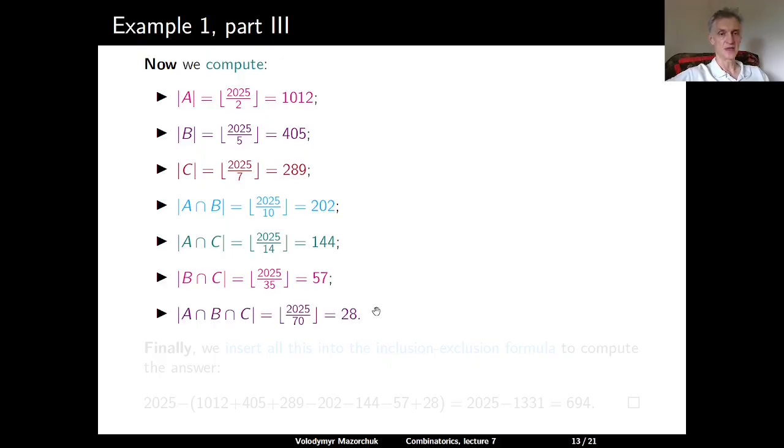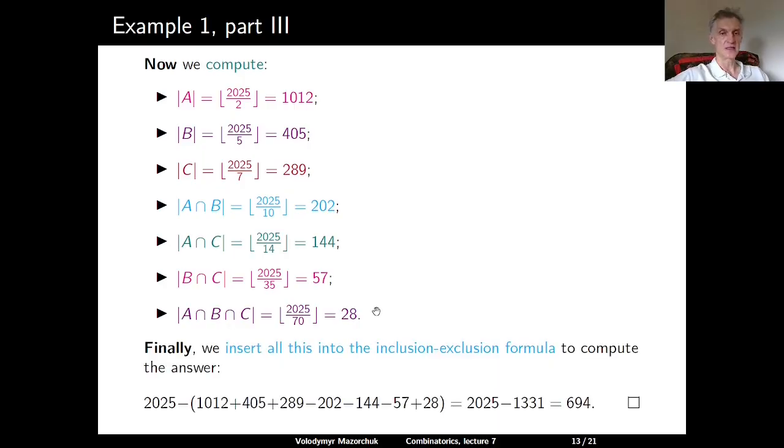And the cardinality of the intersection of A, B, and C is the floor function of 2025 divided by 70, that's 28. And now we can insert all these numbers into the inclusion-exclusion formula and compute the final answer. So we have 2025, that's the cardinality of omega, minus our inclusion-exclusion formula, which is given by 1012 plus 405 plus 289, minus 202 minus 144 minus 57, and plus 28.